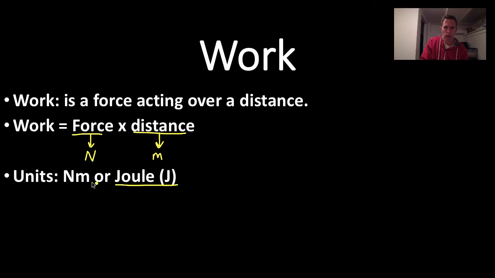Here's a way to get an idea of how much energy 1 joule is. If we have a medium-sized apple, and let's say we lifted it in the air for a total distance of 1 meter, it will have taken at least 1 Newton of force to lift that apple 1 meter.